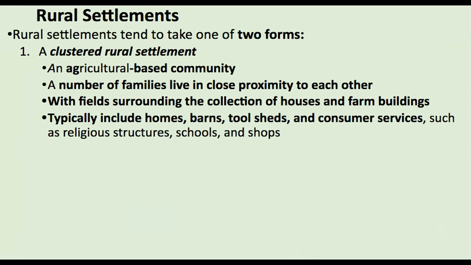The homes, the barns, tool sheds, consumer services, religious structures, schools, shops, they're all going to be kind of squished together. If we are going to make any kind of specific example, the early days of Slinger, Wisconsin, would definitely be considered a rural settlement. We were an agricultural based economy, at least for a while.